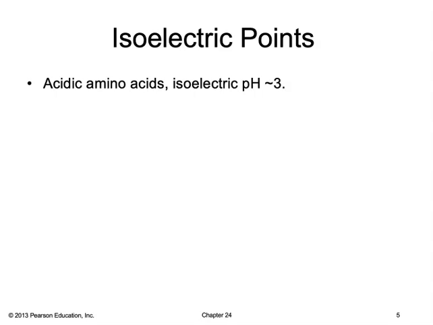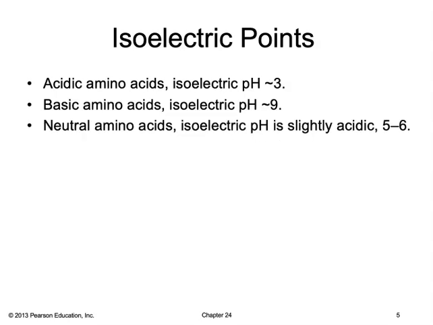You probably remember from the introduction to amino acids that certain ones are considered acidic amino acids. These are going to have isoelectric points right around 3. And then you, of course, have basic amino acids whose isoelectric points are around a pH of 9. And then everything else kind of runs in the middle.